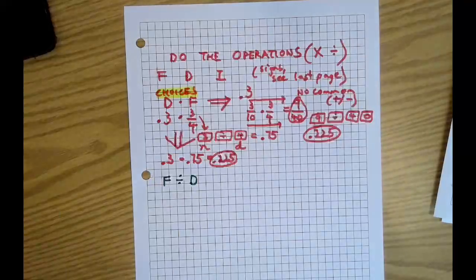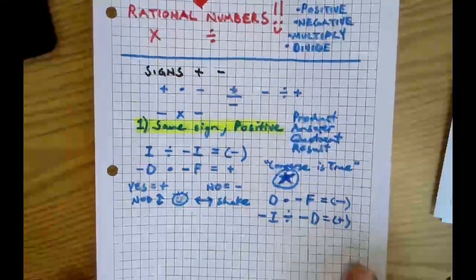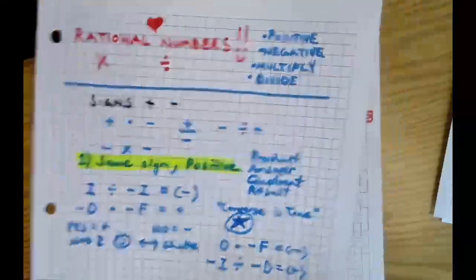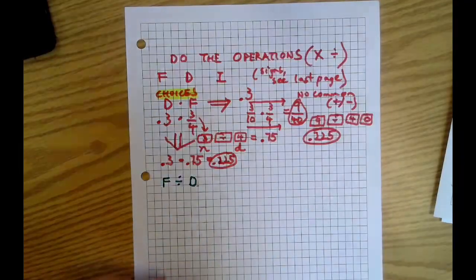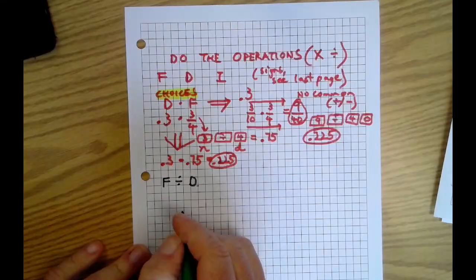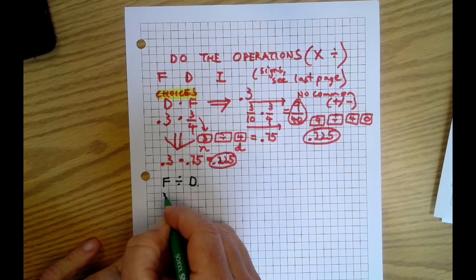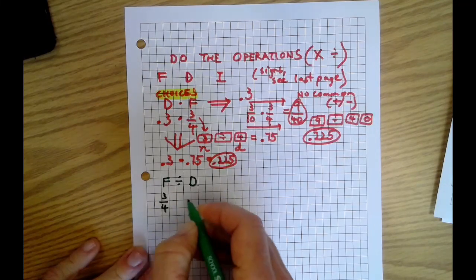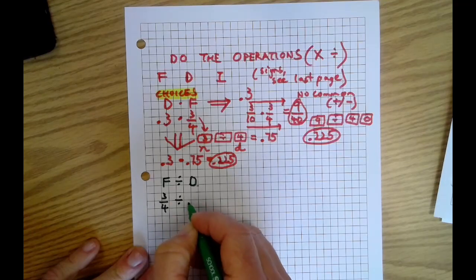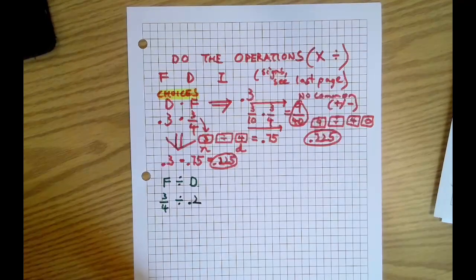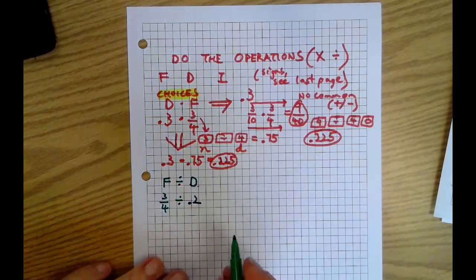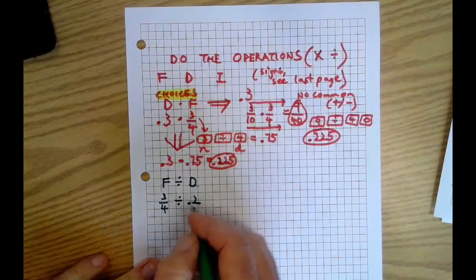Once again, I refer back to the first half of the video. We don't care about the sign because we have a strategy for that. So we're just going to talk about the rational number division in this case. I'm going to take 3/4 and divide it by this decimal. Out on the streets, the kids like to say "point two," but in math class, we don't. We say something more mathy.